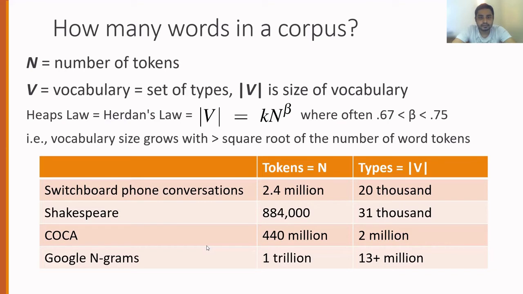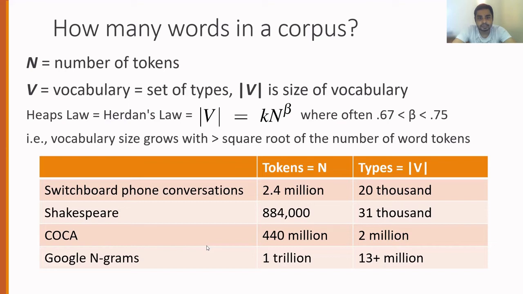And if you look at a very huge corpus, the Google Ngram corpus, that has a trillion different tokens, a very large number of words there, 13 million types. So how many words are there in the English language? Well, if you look at a conversation, 20,000 different words. If you look at Shakespeare, 30,000 words.